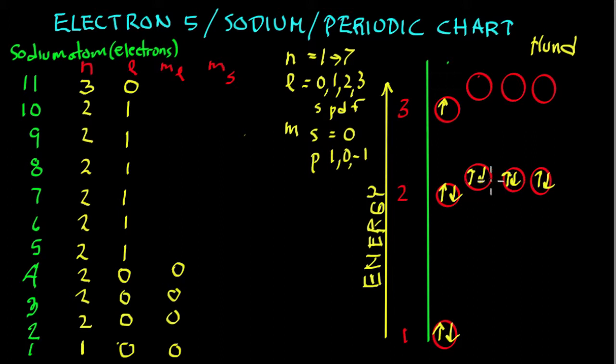We go from 1, 0, -1, left, middle, right. So the quantum number here for the fifth electron, the p electron, is 1. And this is 0, and this is -1. Now you start again. 1, 0, -1. And now you're back to the direction of the sphere, which is 0.